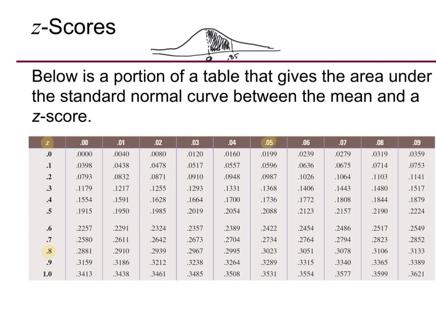So I'm going down the Z column to find 0.8 first, and then across to 0.5, and where those two meet, they meet right here at that number, 0.3023. And that number represents the area inside of that region, 0.3023. All right, and I think drawing the pictures for these problems will be especially helpful and in my opinion, necessary.